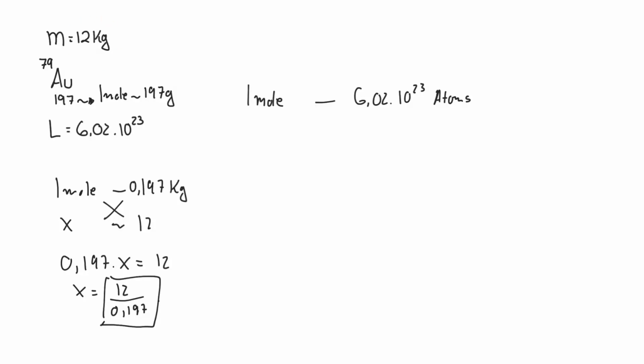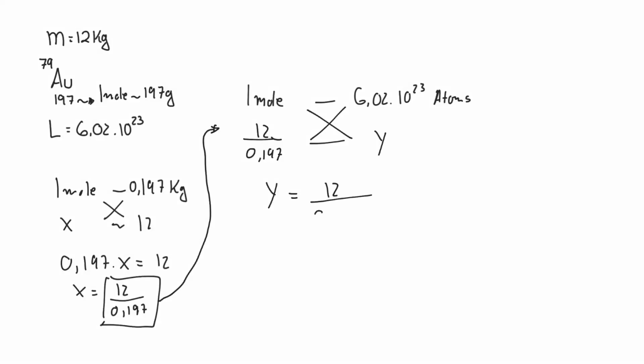Now, we grab this result and use here, because now we have 12 divided by 0.197 moles of gold, and that number of moles of gold has Y atoms. Again, do the cross multiplication to get that Y is equal to 12 divided by 0.197 times 6.02 times 10 to 23.